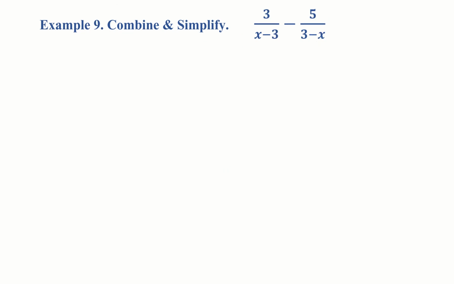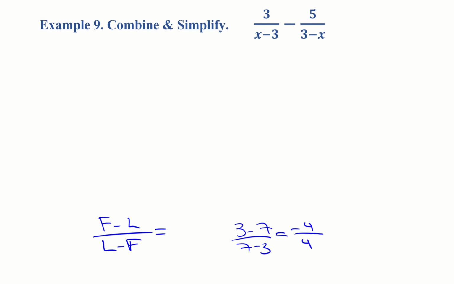All right, so here we have one of those special situations, if you recall from our previous video, which we call the f minus L over L minus f situation. If you remember, when you have those, that's like saying 3 minus 7 over 7 minus 3. Remember, 3 minus 7 is negative 4, 7 minus 3 is 4. So those two can definitely cancel out, but not cleanly, right?